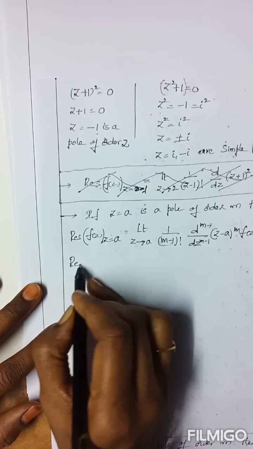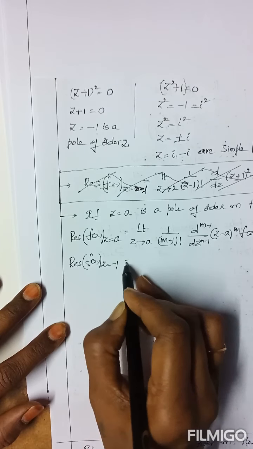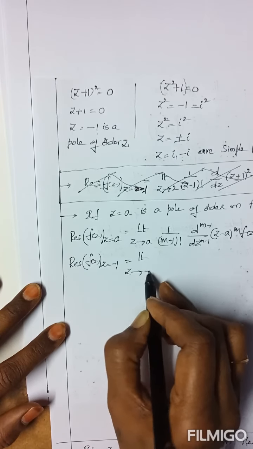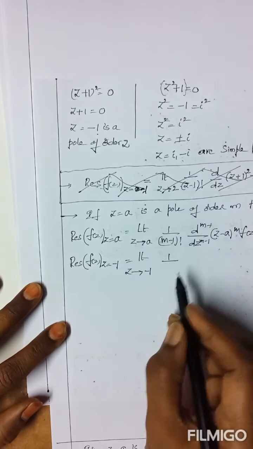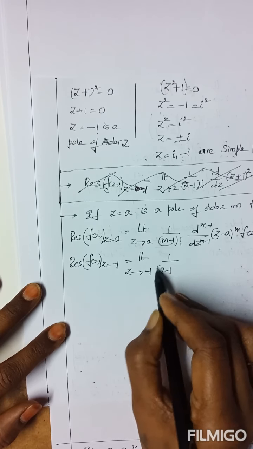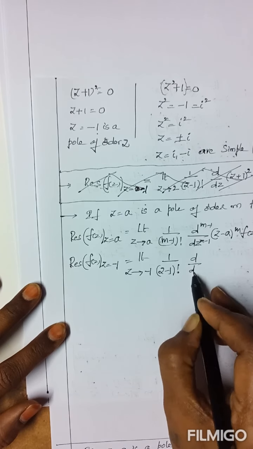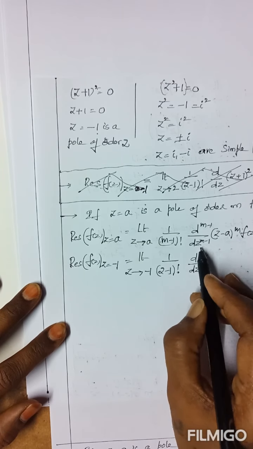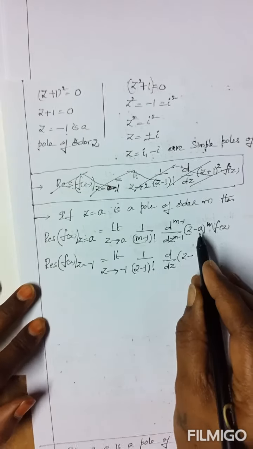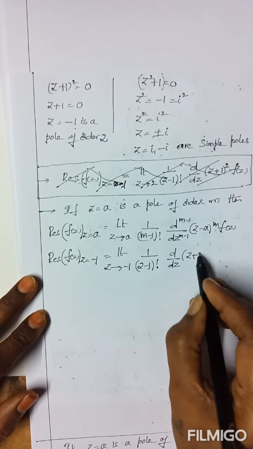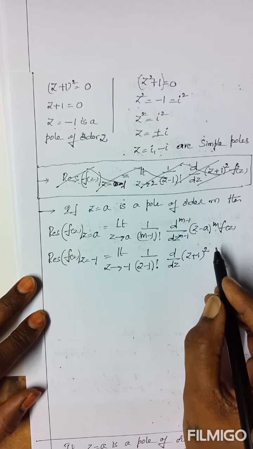According to this, the present point is z equals minus 1. Limit as z tends to minus 1, 1 by (m minus 1) factorial, where the order m is 2, so 2 minus 1 factorial. The derivative order is also 2 minus 1, which is 1, so d by dz of (z minus a), where a is minus 1, so (z plus 1), whole power m, which is 2, times f of z.